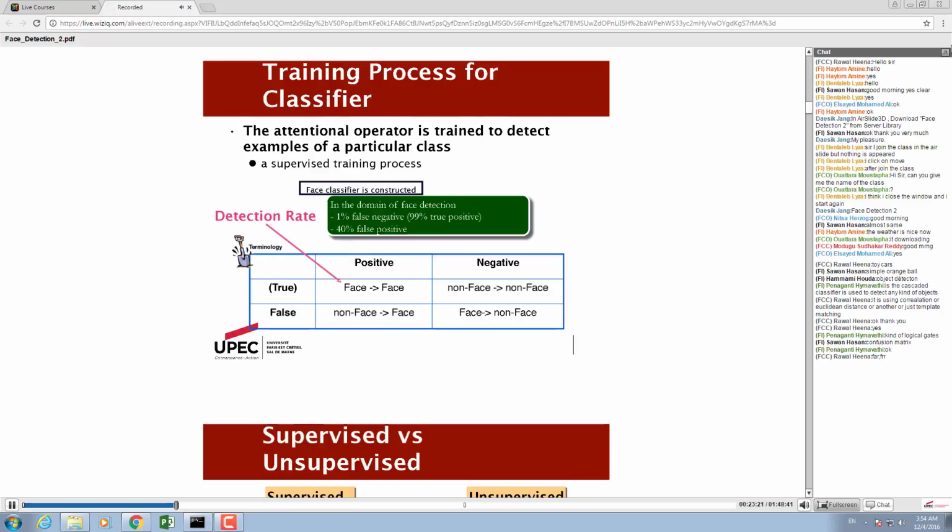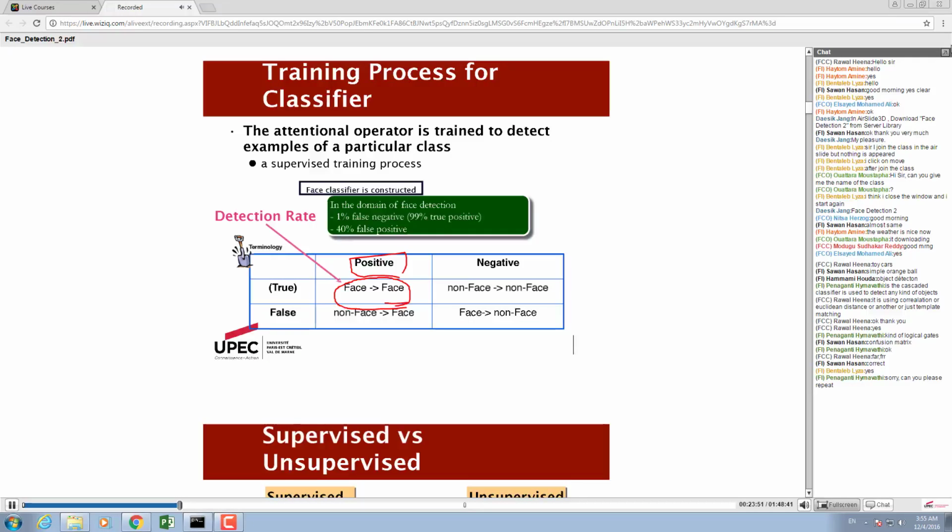Is that the correct answer or wrong? Yes, it's correct, right? Very obvious. So when I input face and it is saying the result is face, this case is true positive.